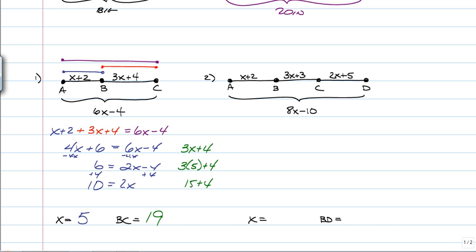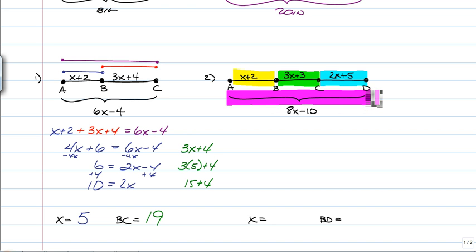Okay, so let's see if you came up with the correct equations. First, you have this little piece, AB. You have little piece BC. And you have little piece CD, which all add up to the big piece AD. So that is your equation.